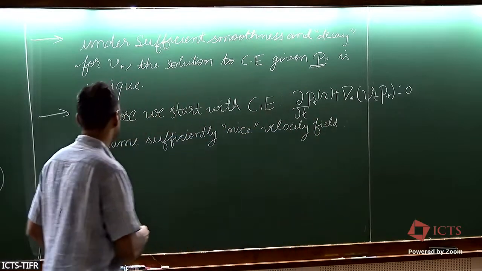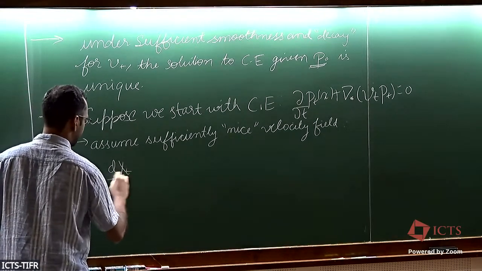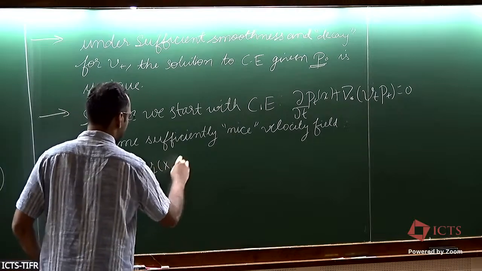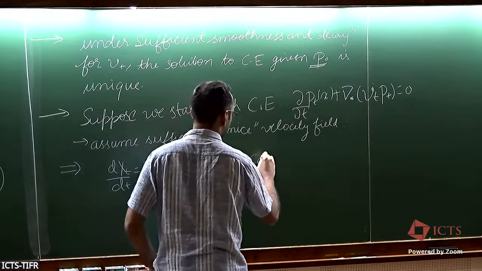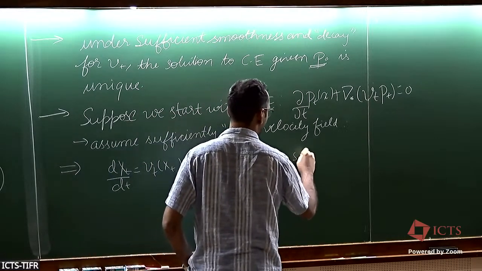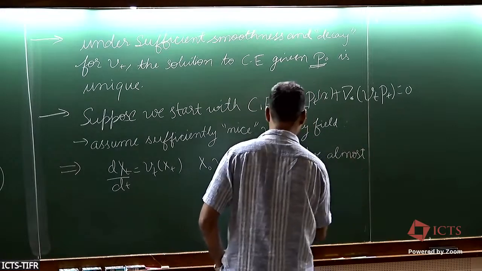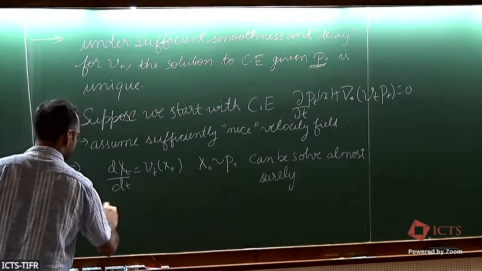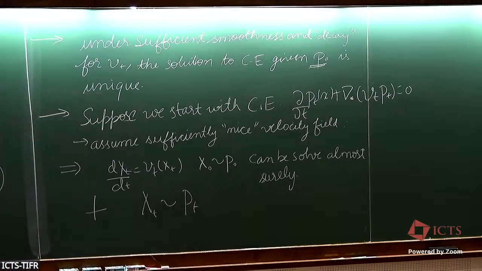This implies the system dx_t/dt is equal to v_t(x_t), such that x_0 is distributed as p_0, can be solved almost surely, and x_t is distributed as p_t.